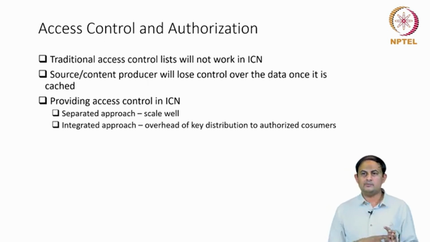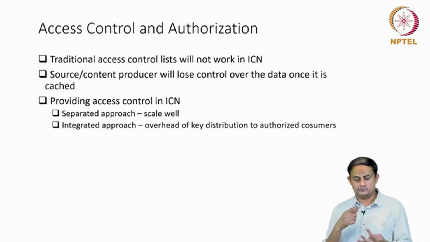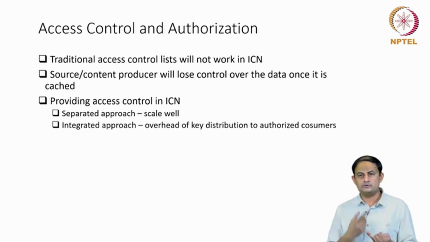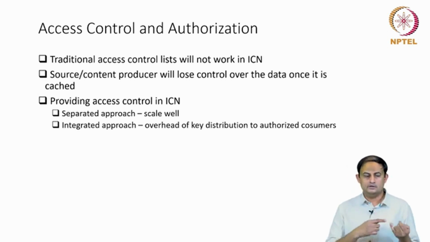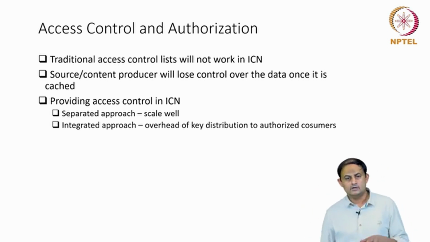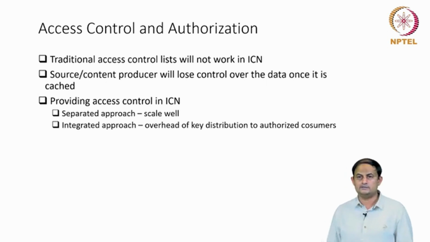We wanted a naming mechanism, so we said that we can use the flat naming convention, we can use the hierarchical naming convention, we can use attributes to name the content. We wanted a caching mechanism, so we said that you can either do caching locally without cooperation, or you can do cooperative caching. You can build DNS like services to figure out where exactly the content exists.